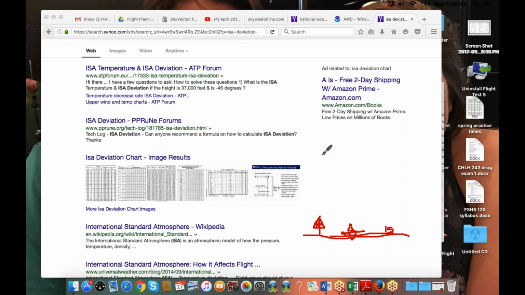Let's say up here, we'll just go with 10,000 feet so I don't clutter this screen.